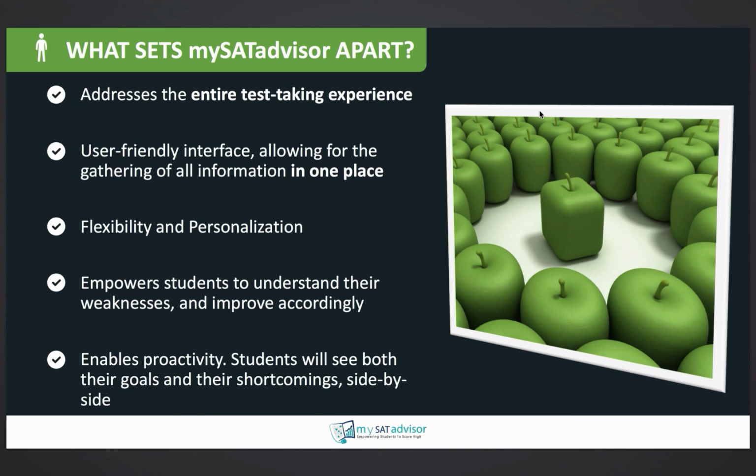So hopefully you have been able to see that our software's features enable proactivity along with this flexibility. So students can see their goals, they can set their own goals, they can see their own shortcomings in a way that makes sense to them, so that they will be more motivated to improve upon their shortcomings and again use an approach that makes sense to them and is in accordance with how they want to study.